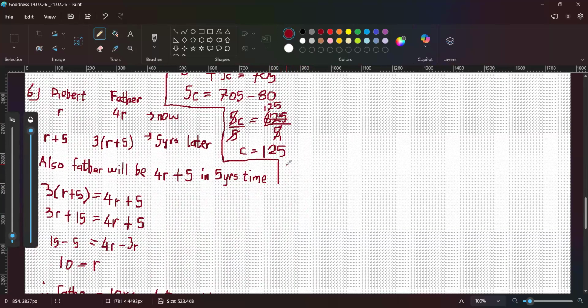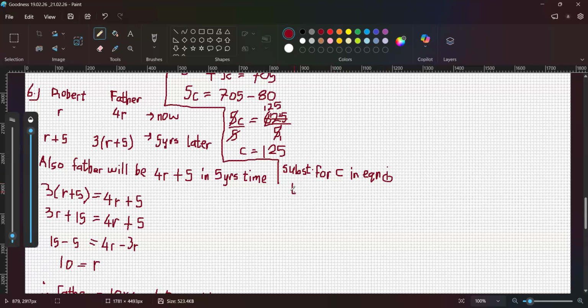So now we're substituting for C in equation one.